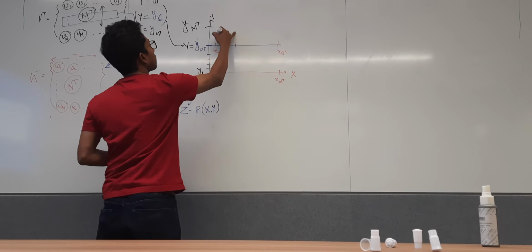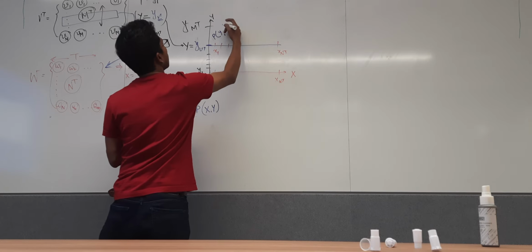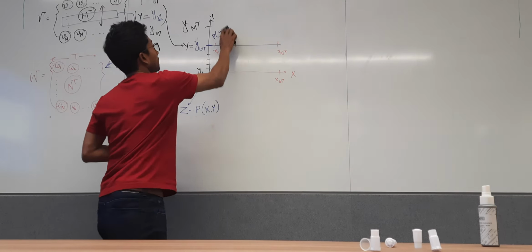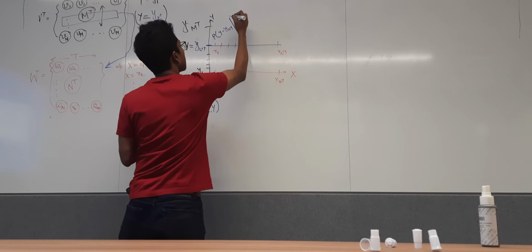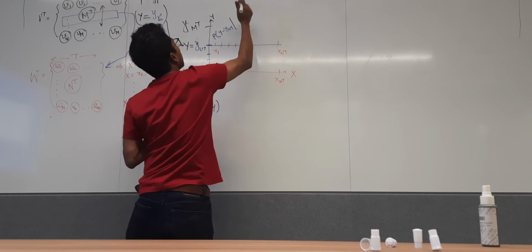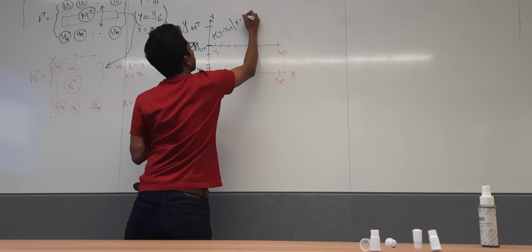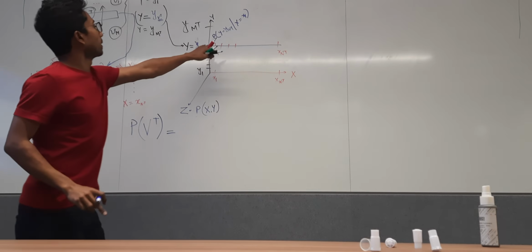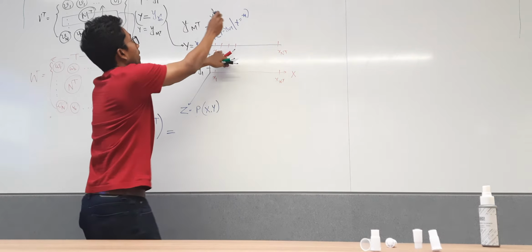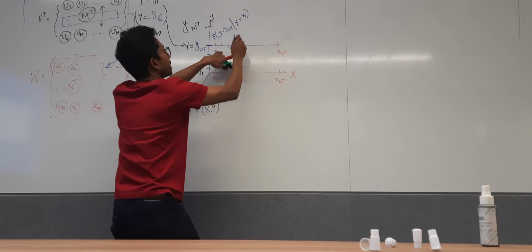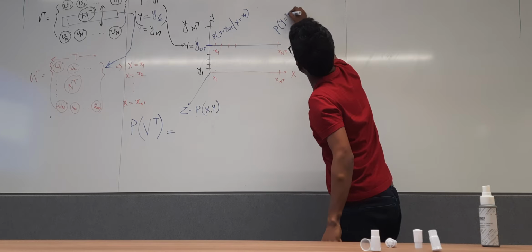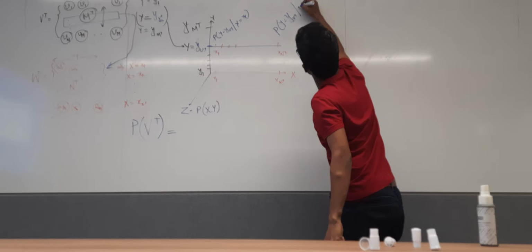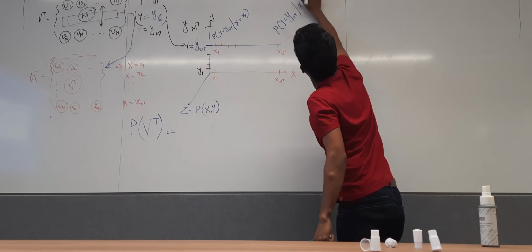This one will give the probability of y equals y of vt given x equal to x1, the next one will give x equal to x2, the next one x equal to x3, up to the last.